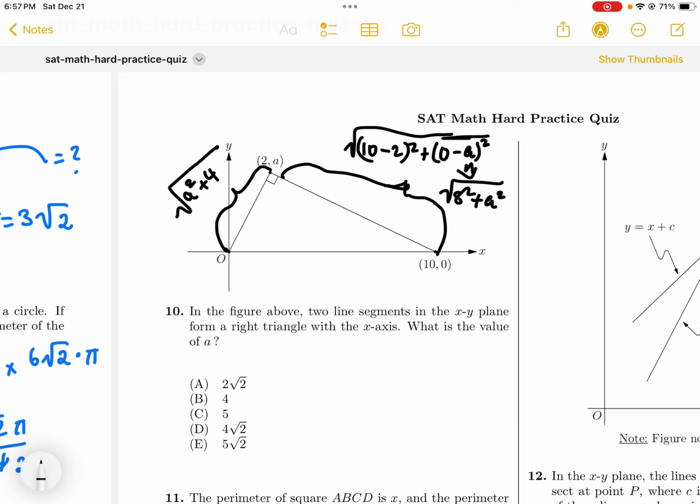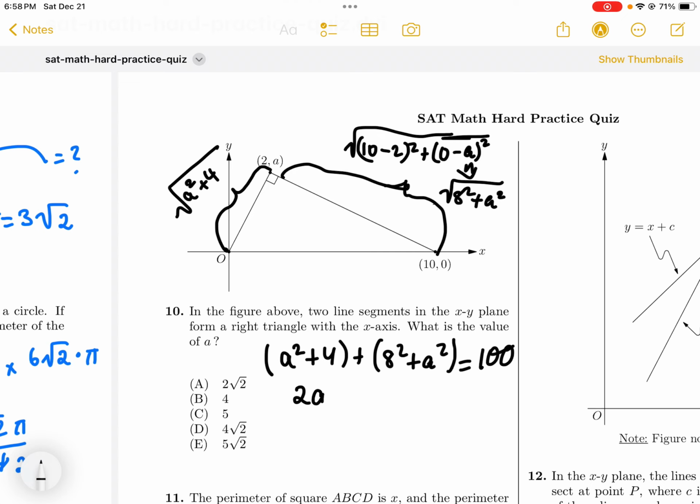So now I know the lengths of both line segments in the figure in terms of A. Now I can just apply the Pythagorean theorem on them. The sum of the squares of both sides should equal the square of the third side, 10. So in reality, 8 squared plus 4, which is the first side squared, plus 8 squared plus A squared has to equal 10 squared, which is 100.